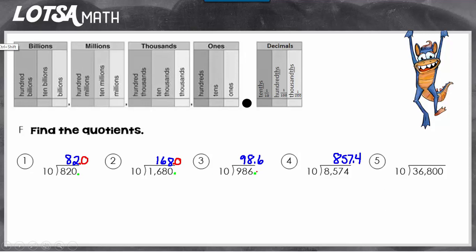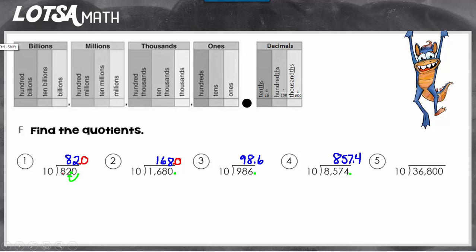If it's not written, it's the invisible decimal that comes right after the ones place. And if you're dividing by 10, you're making everything 10 times smaller. So instead of moving all the digits, you can actually move the decimal. If you move the decimal over one place to the left, it's the same thing as moving all the digits over one to the right.